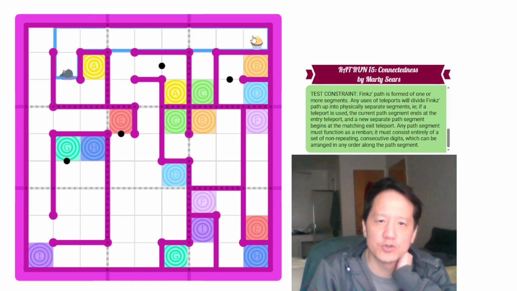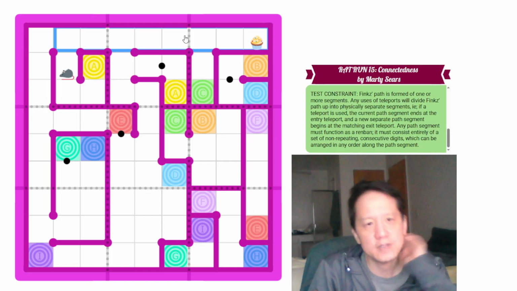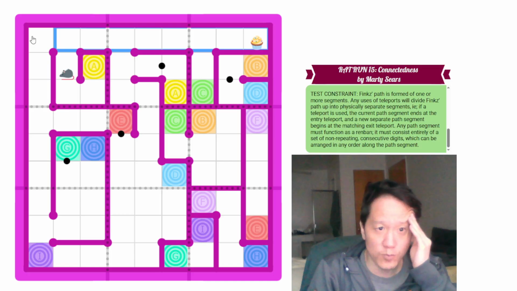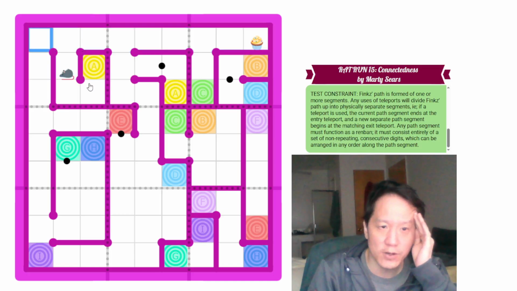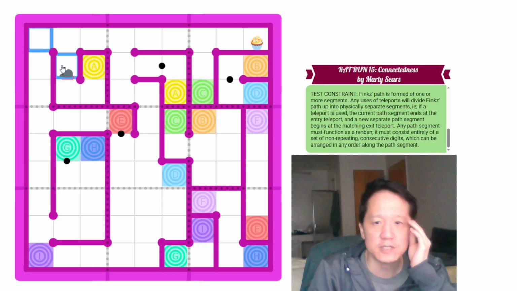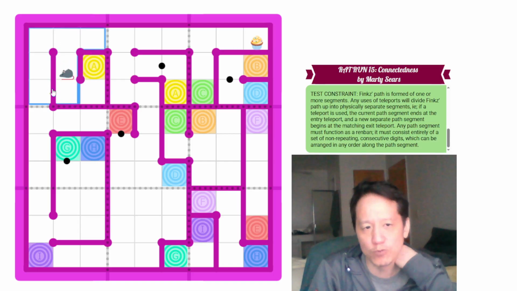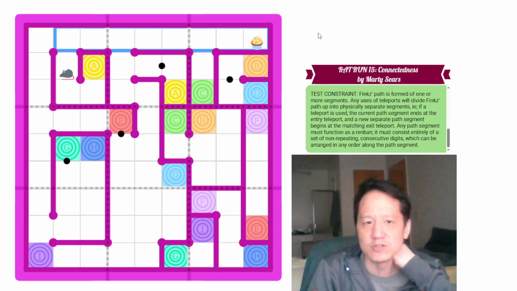If it tried to go straight to the cupcake, the problem is these digits all have to be different, right? And the only different one that was not on the path would be here. But then this would have to be that digit, and you would have 2 digits in the same box, which are repeats, right? Because all 8 of these are the same, and these are all different. This must be different than these 8, and this must be different than these 8, so these must be the same digit. So it cannot go straight to the cupcake.